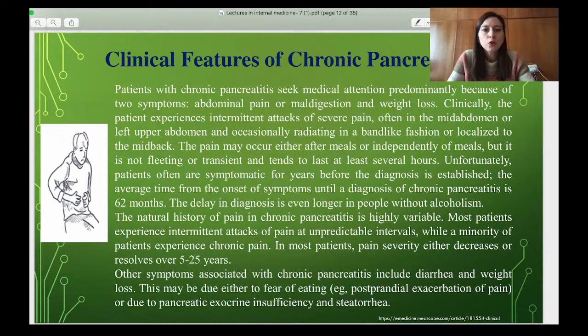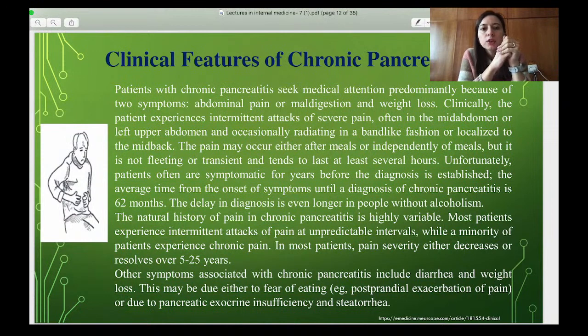And clinical features of chronic pancreatitis. Patients with chronic pancreatitis seek medical attention predominantly because of two symptoms: abdominal pain or maldigestion and weight loss.